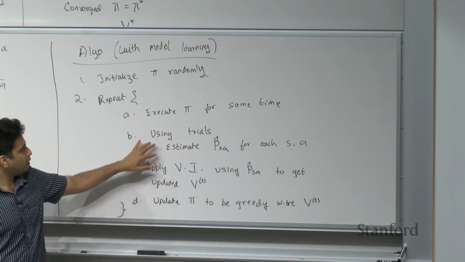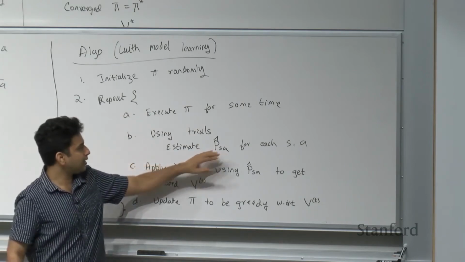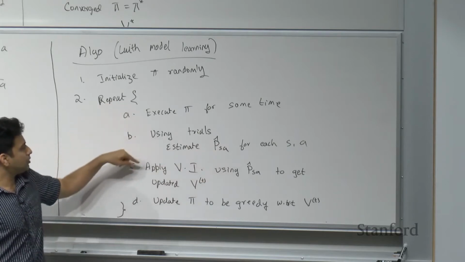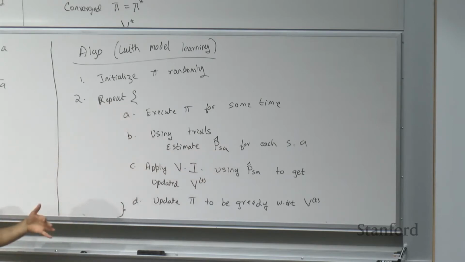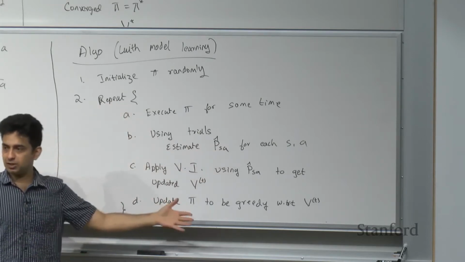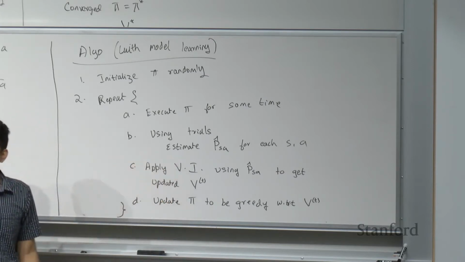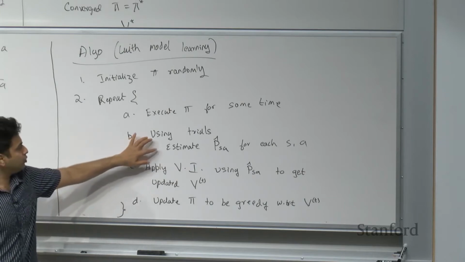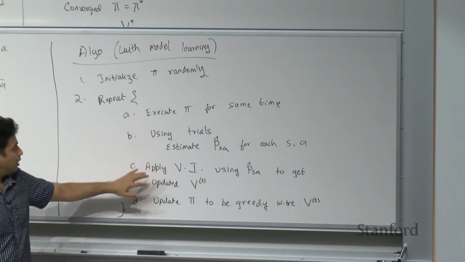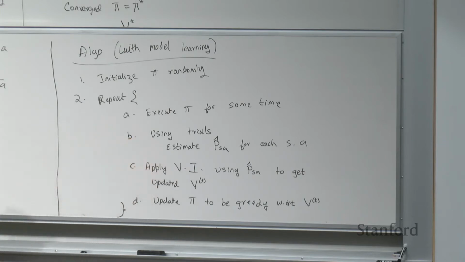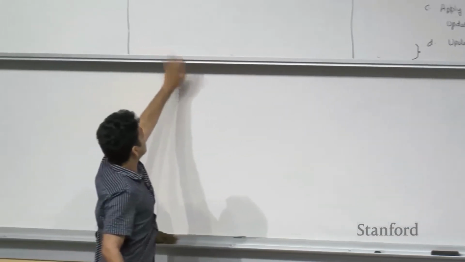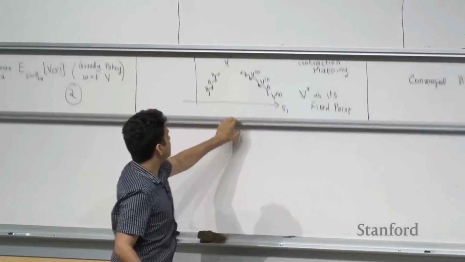And in fact, in each iteration we can use the accumulated counts from all the previous iterations as well to get a better estimate of p hat SA, right? And using the estimated p hat SA, we perform value iteration. Now what was value iteration? To remind you, this was value iteration.